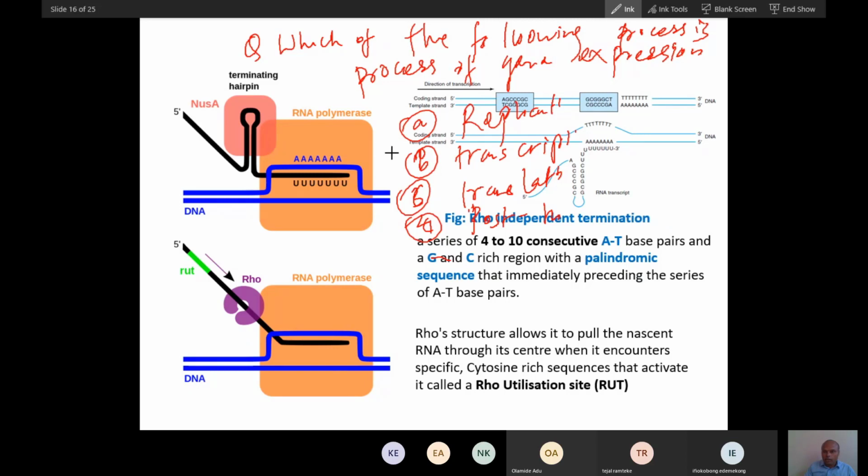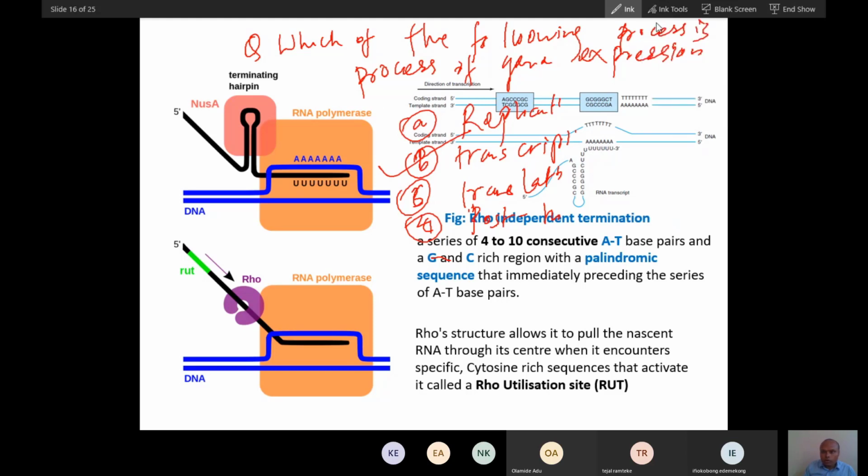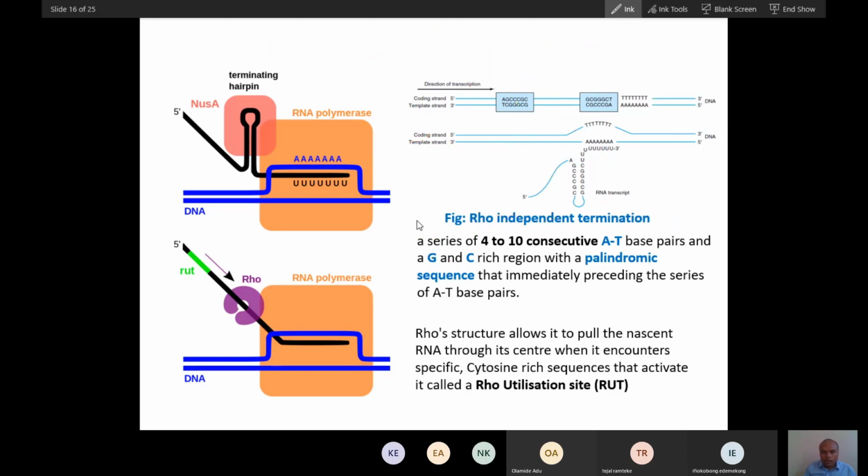What is the answer? Transcription. Transcription is the process through which a gene is expressed.